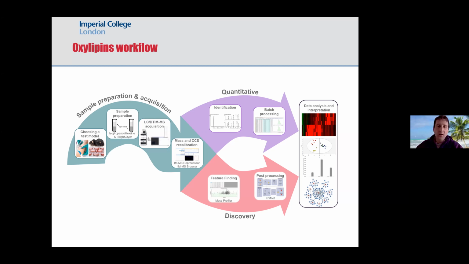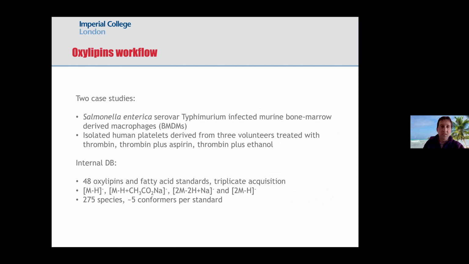So the final example is from my own lab, which is again work of Christina Hines and Sonia Ligi, and we collaborated with Valerie as well on this project, about how we've been using ion mobility for the detection of oxylipins and developing a workflow for oxylipins, both in terms of detection of known oxylipins, but also potentially flagging up unknown unknown oxylipins that might be found in our material.